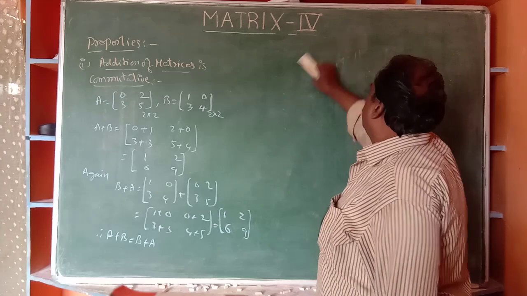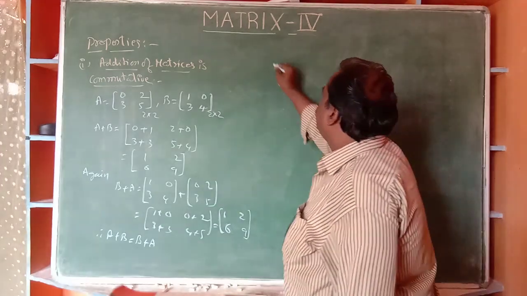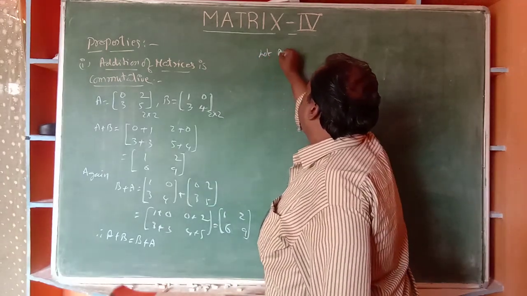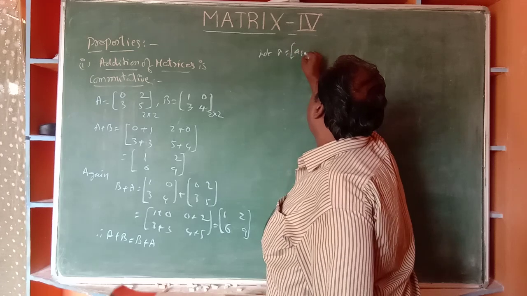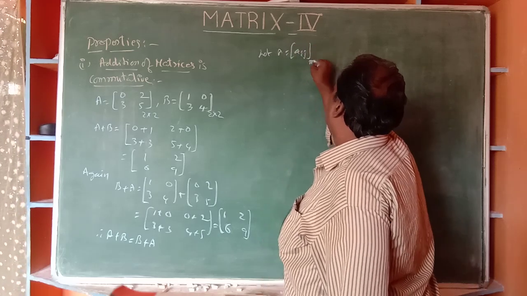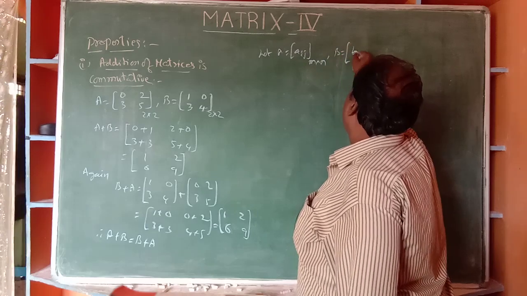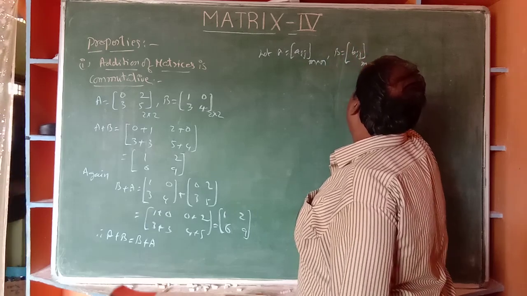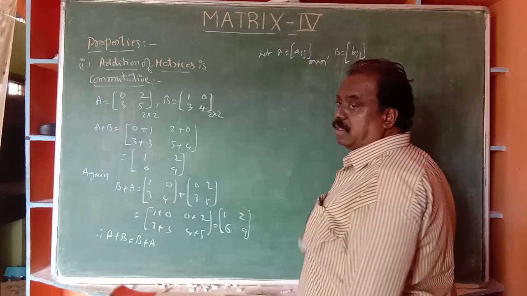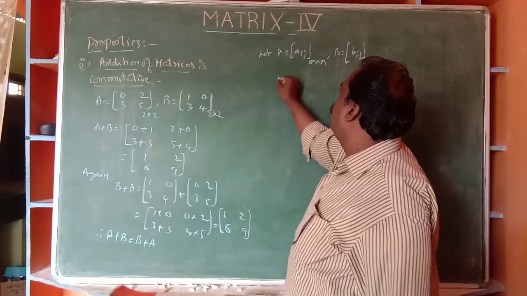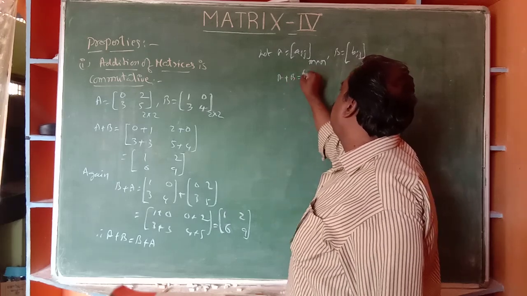Now, you see, let capital A be equal to Aij, M by N, and capital B be equal to Bij, M by N. It is also M by N. Now, what is A plus B?